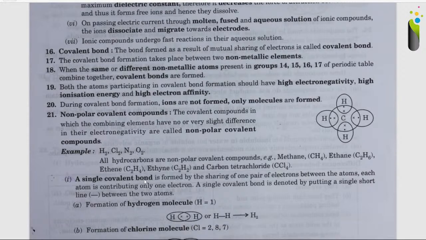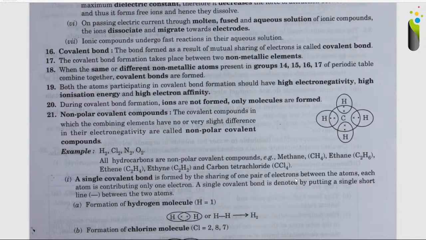All hydrocarbons are non-polar covalent compounds, that is, methane, ethane, ethene, ethylene, and carbon tetrachloride. So please remember, the covalent bonds in which the combining elements have no or very slight difference in their electronegativity are called non-polar covalent compounds.